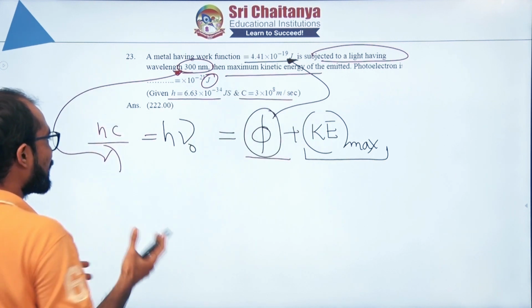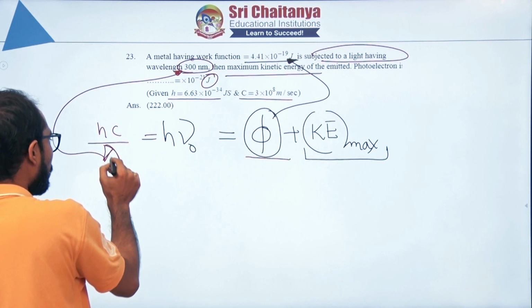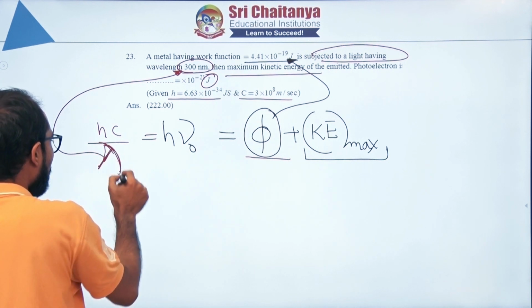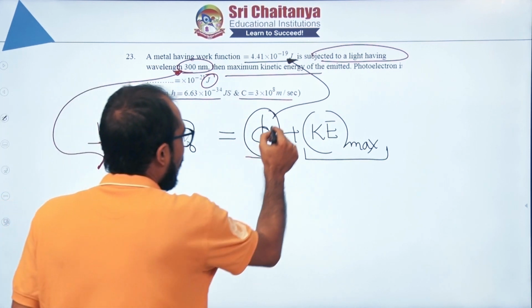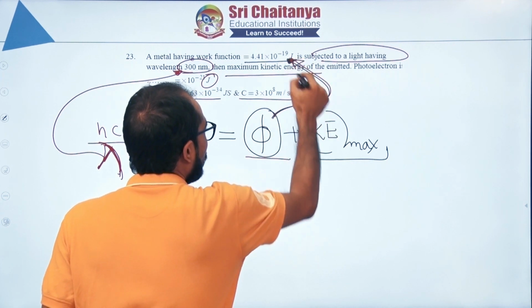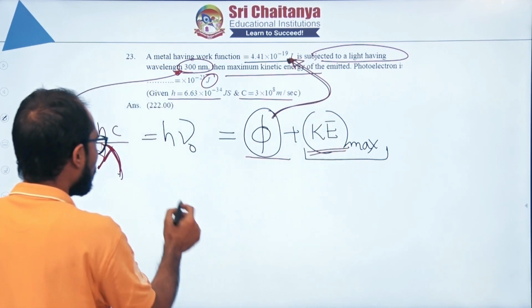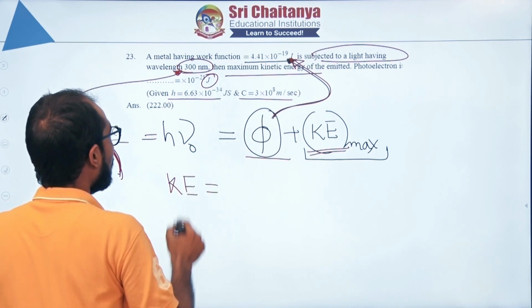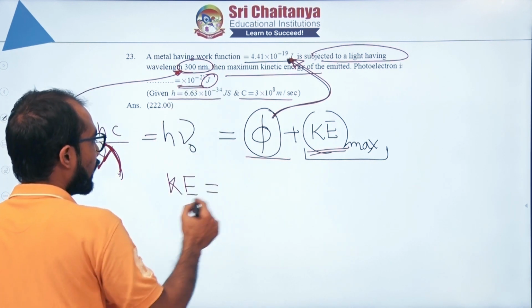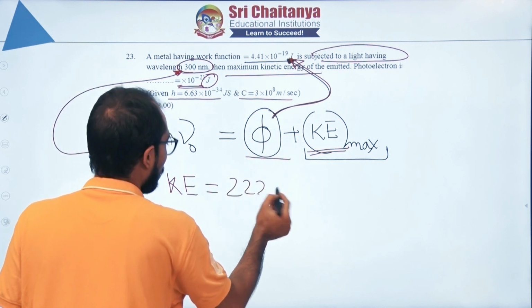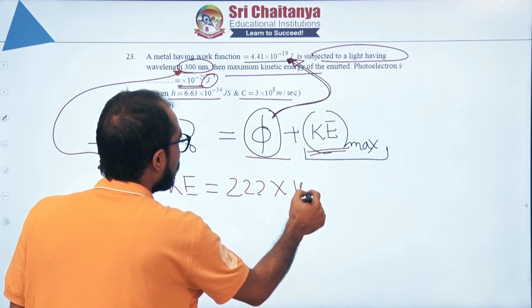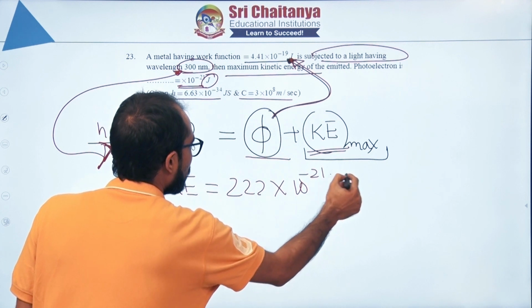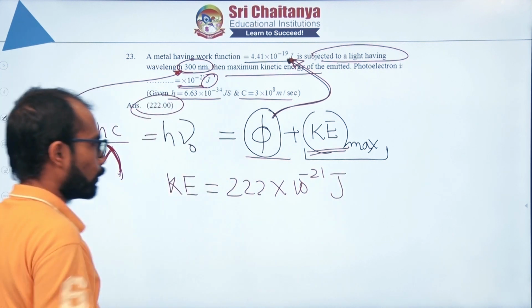You put the value of h and c, lambda is also given to you, this phi is also given to you. You put the values of all these things, you are going to get the kinetic energy, and if you order it in this format, you are going to get 2.22 into 10 to the power minus 21 joule, right. So, the answer here becomes 222.